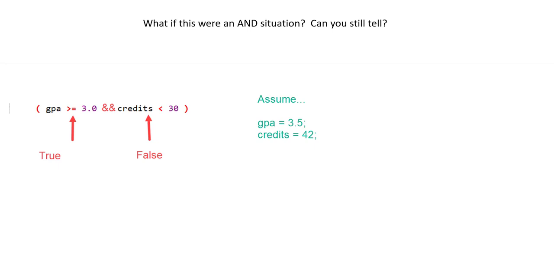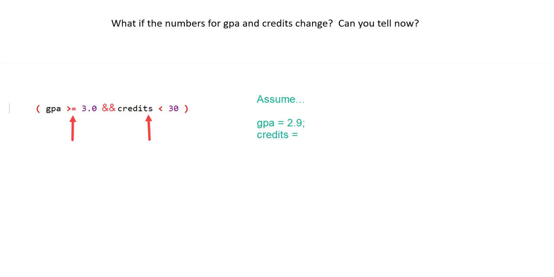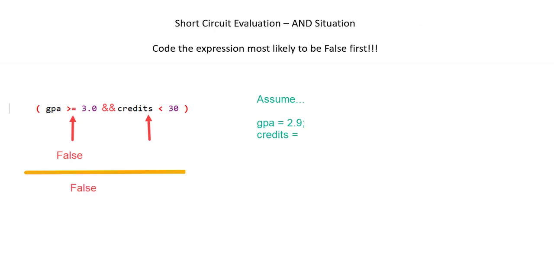But what if the numbers for these change? Let's take a look at that for a second. Let's assume that the GPA is 2.9. So is 2.9 greater than or equal to 3.0? Nope. So the answer to that is false. But because it's an and situation, do you know the answer? Hopefully you said false without even knowing credits.